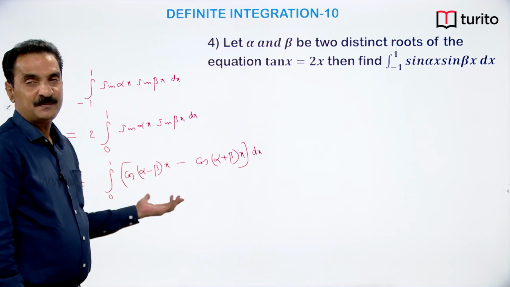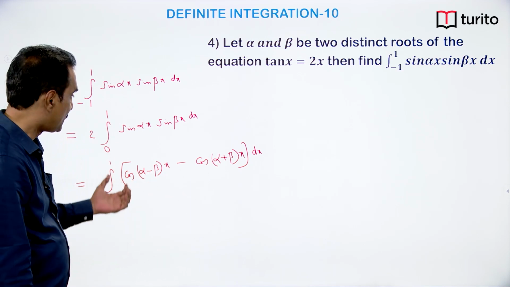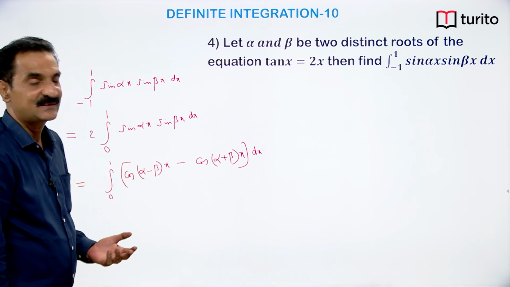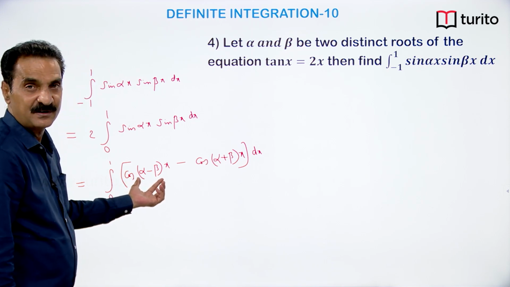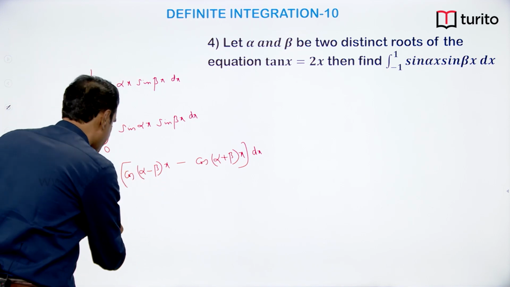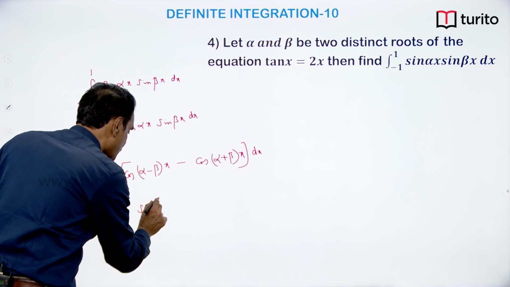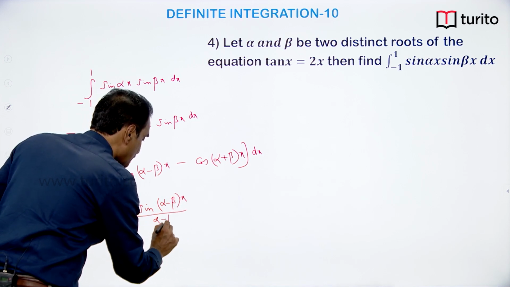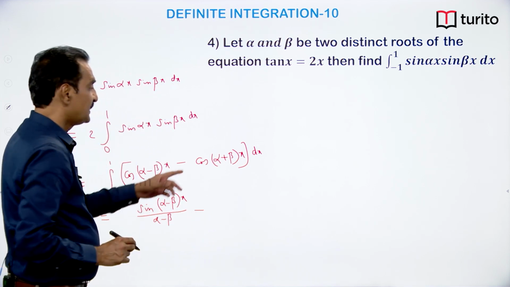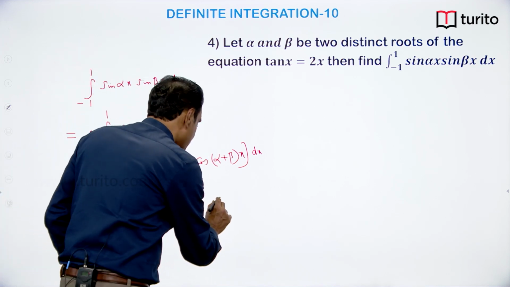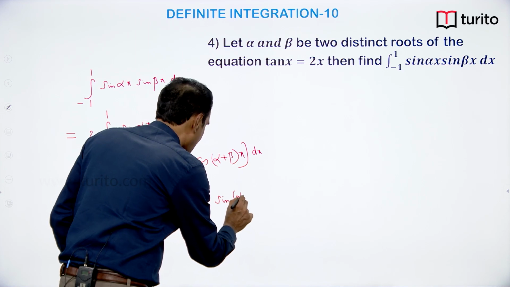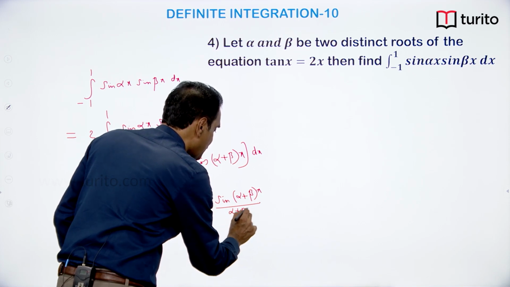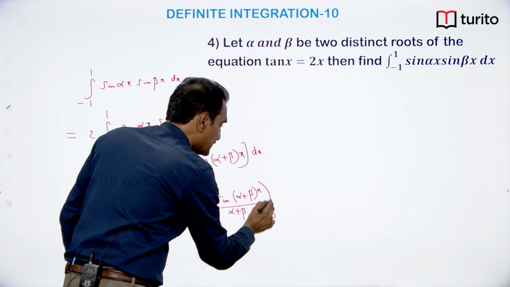Now, alpha minus beta and alpha plus beta are constants. What is the integral of cos alpha minus beta into x? Integral of cos x is sin x. So, the integral of this is sin of alpha minus beta into x by alpha minus beta, minus, what is the integral of this? Sin alpha plus beta into x by alpha plus beta, between limits 0 and 1.